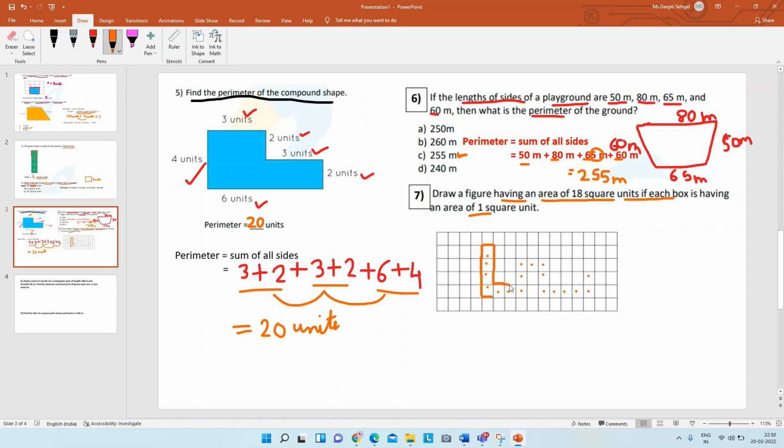So let's draw this figure. We will make the outline. So our figure is ready.